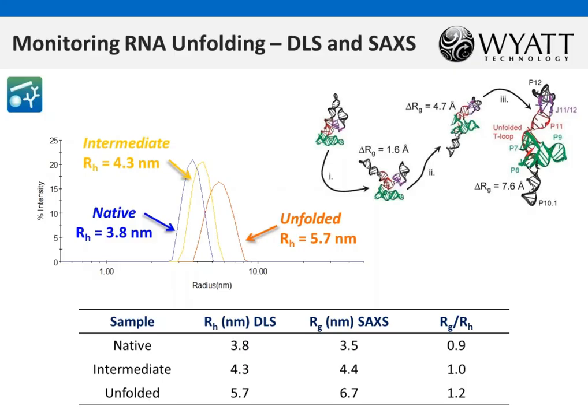Since multi-angle light scattering cannot determine the RMS radius below 10 nanometers, small-angle X-ray scattering was used to determine the RMS radius, or Rg. The increasing ratio of the radius from SAXS and DLS confirms the transition from a compact folded molecule to an extended and unfolded conformation.